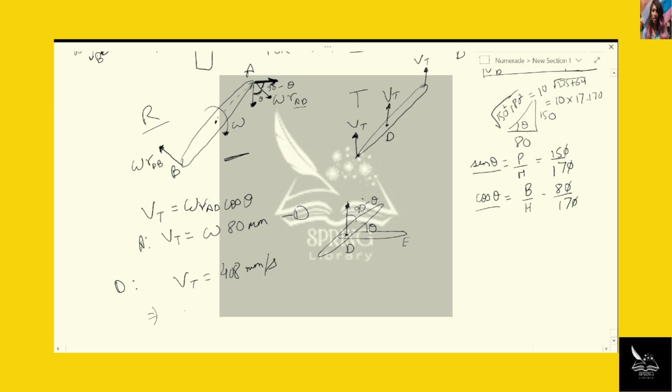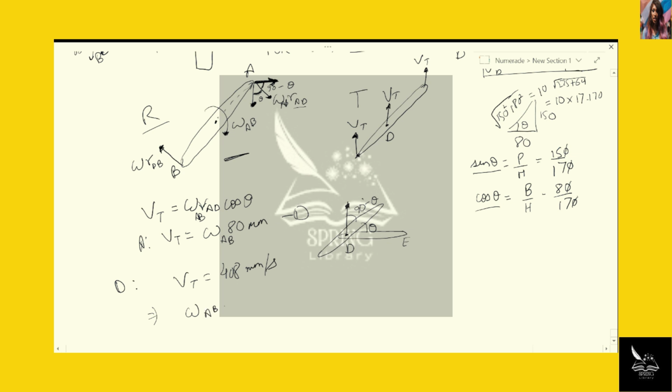So this implies that omega for rod AB, let's just call this omega AB. Okay, all of them are omega AB now.